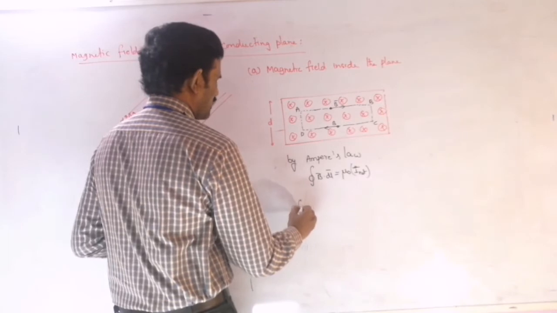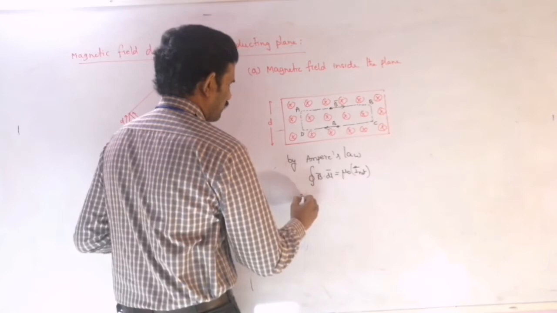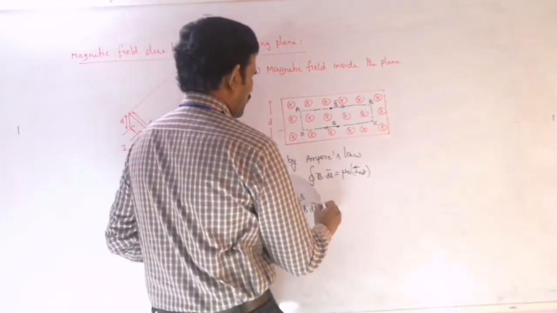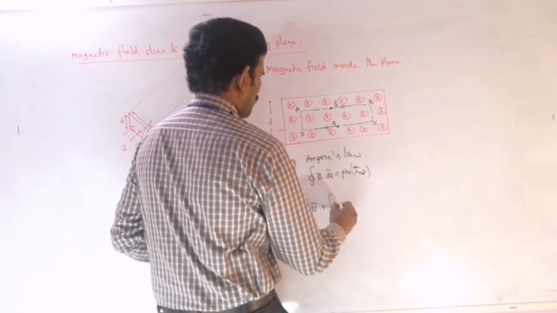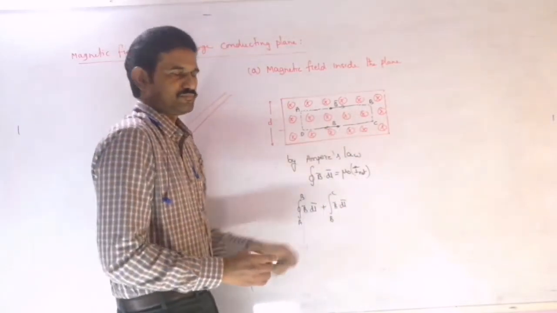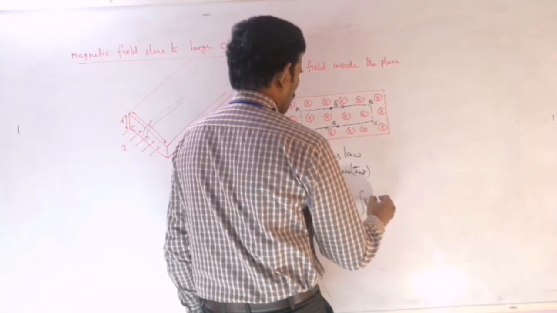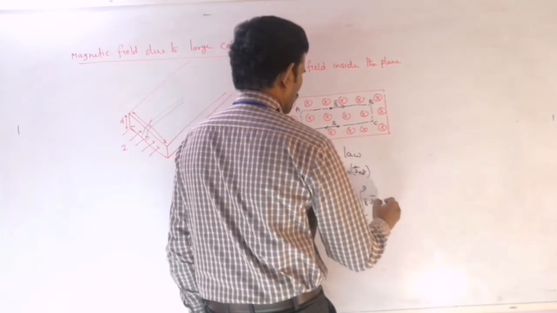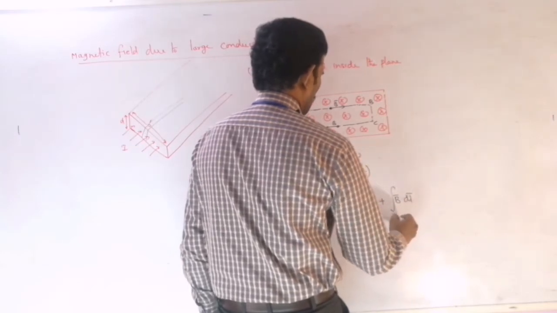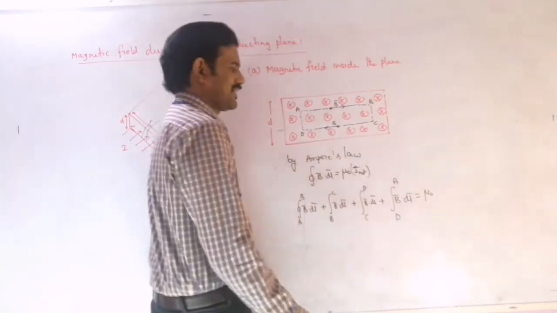I can write this as the integral of B dot dL from A to B, plus the integral of B dot dL from B to C, plus the integral of B dot dL from C to D, plus the integral of B dot dL from D to A. This is equal to mu naught into the net current.